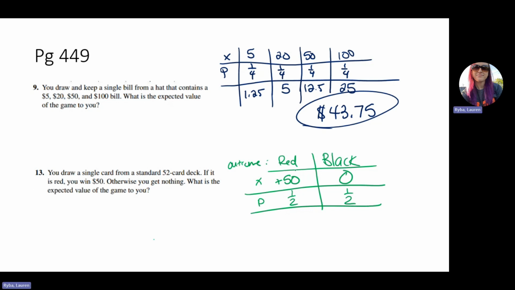Then if I multiply, 50 times a half is 25, 0 times a half is 0. So on average, I would expect to make $25 every time, right? I would win 50 and then I would win nothing. So in the average, if you average those two together, it's 25. You would expect to draw a red half of the time, a black half the time, and make $50 half of the time.